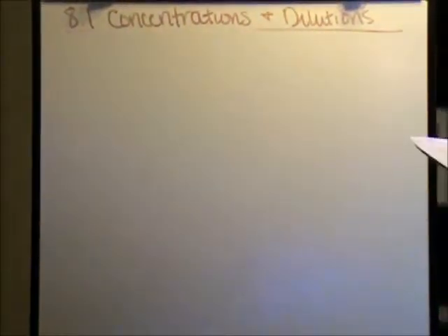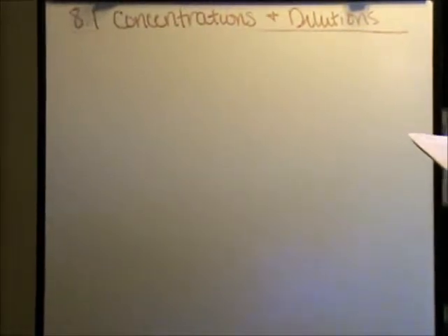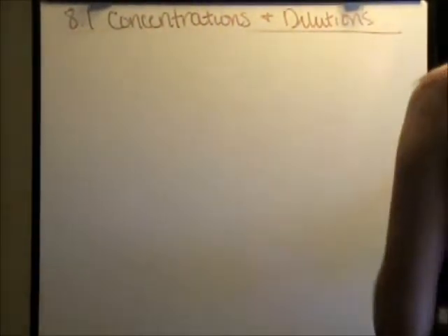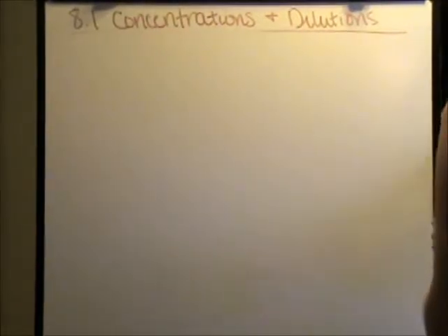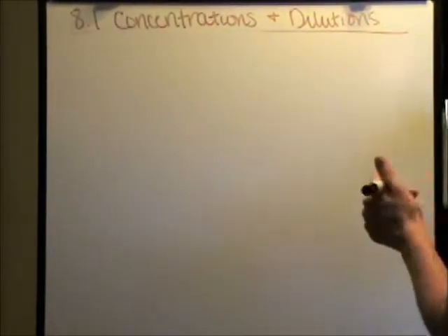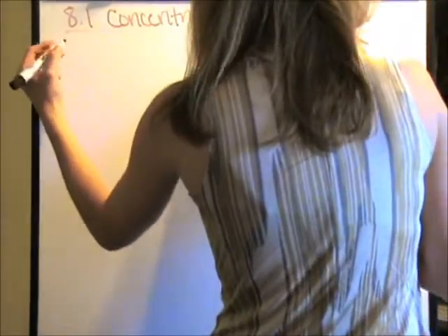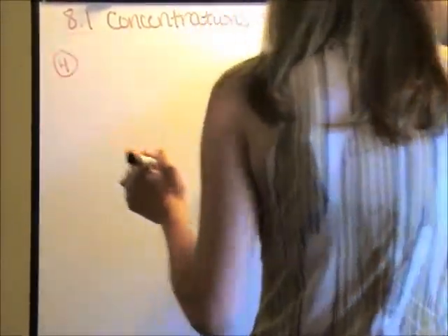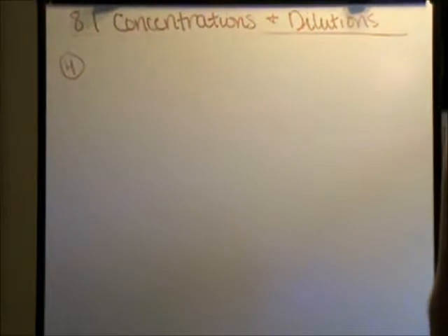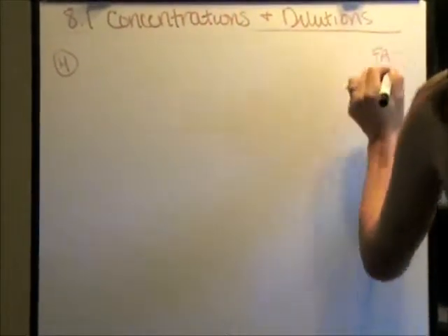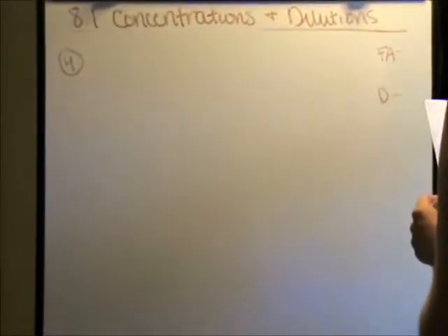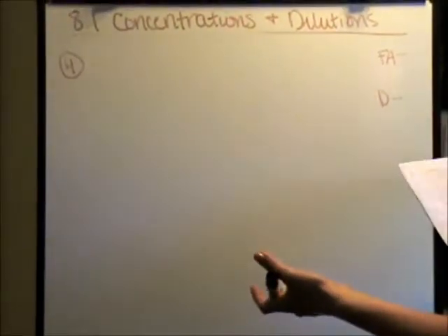Okay, let's go down one and look at number 4. Prepare 10 ml of a 200 microgram per milliliter folic acid solution by using a 5 milligram per milliliter stock solution. How much folic acid and how much diluent will you need? Okay, so first we need to find out how much of the drug we're going to need.